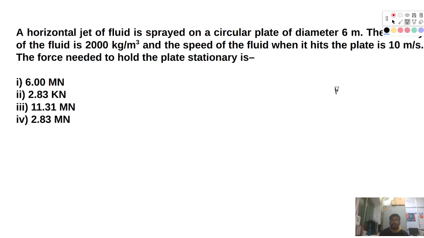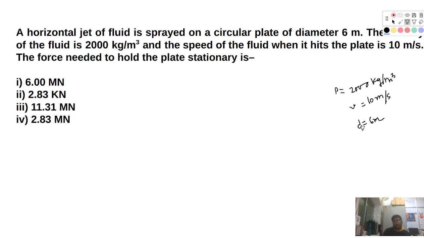Okay, now to calculate the force, we have these parameters, correct? We have rho, which is given in kg per meter cube, and we have v, which is 10 meter per second. And the other thing is the plate diameter, which is 6 meter, right?